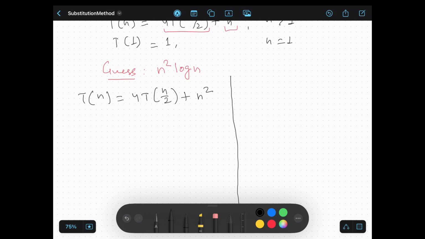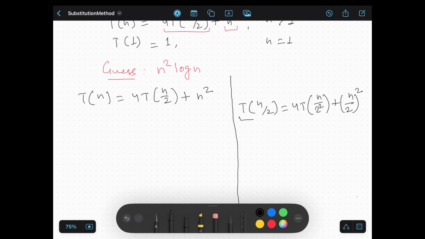So let's do T of n upon 2, which will be 4T of n upon 2 square plus n upon 2 square. So we substituted n upon 2 for every n.